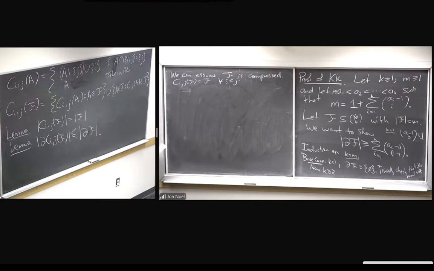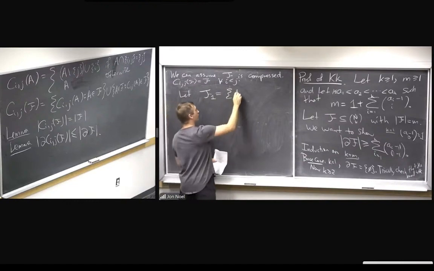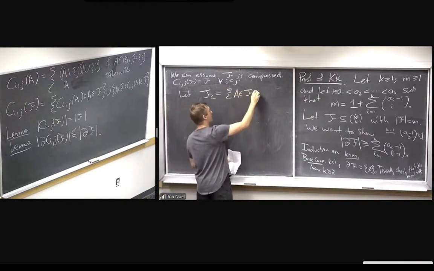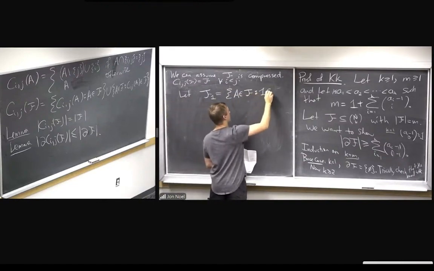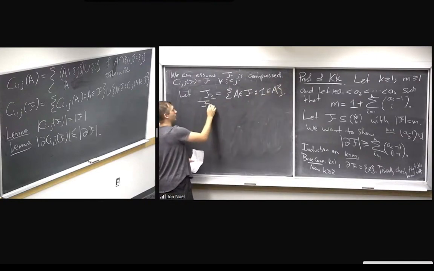Okay, so we assume it's compressed. Now I'm going to define two subfamilies. Let F sub 1 be the set of all A in F such that 1 is in A, and let F sub 0 be everything else.